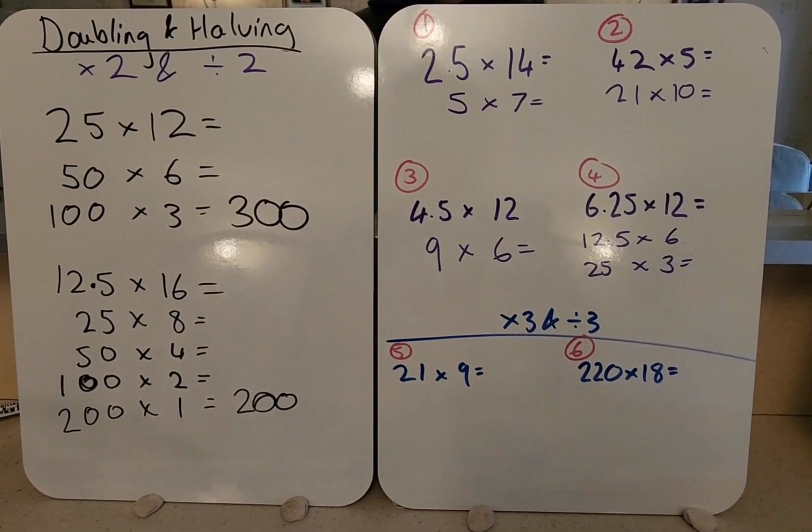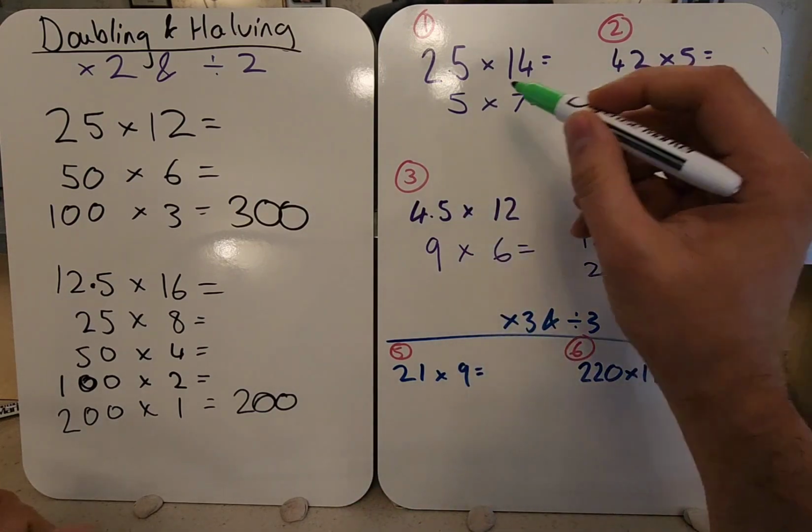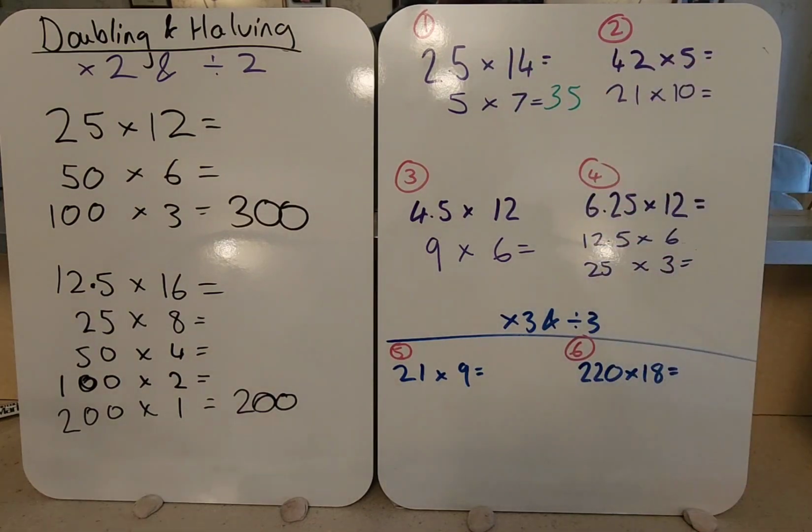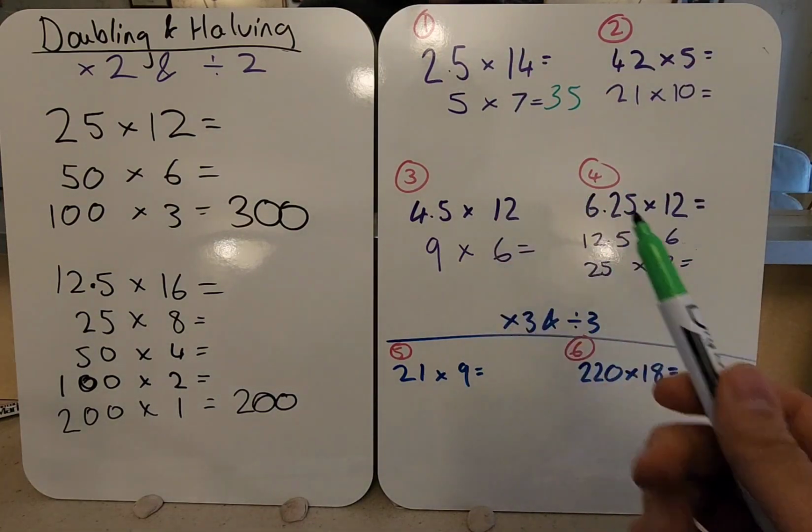So this is how I doubled and halved. And I wanted to outline, if you've got anything that's 2.5 times, so anything ending in 0.5 times anything, and the other number is an even number, please double and half. It's going to make it so much easier. 5 times 7, 35. Just these two, look, there's a stark difference. This one is much easier.